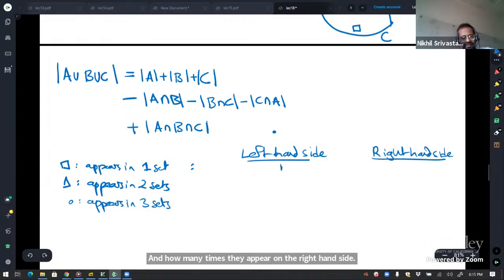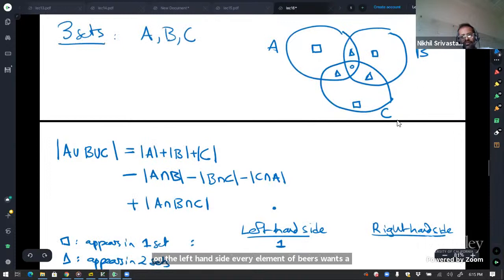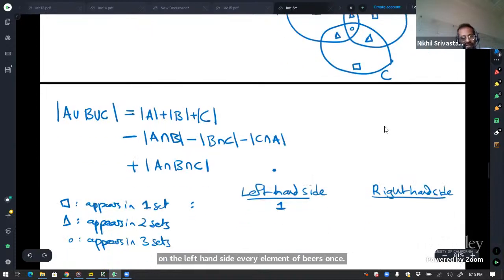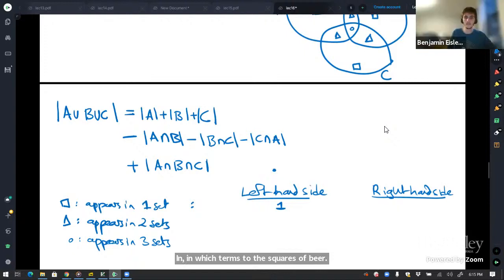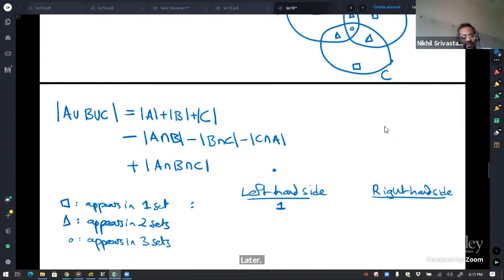On the left-hand side, every element appears once. It's just A union B union C, every element appears once. On the right-hand side, in which terms do the squares appear? Only the first three.